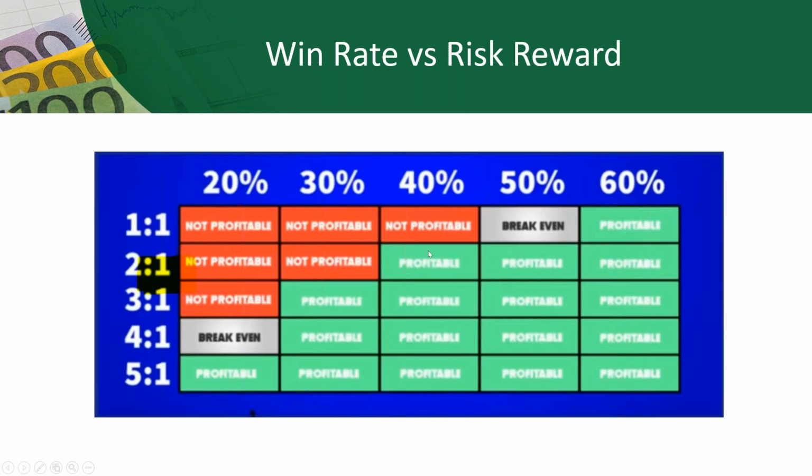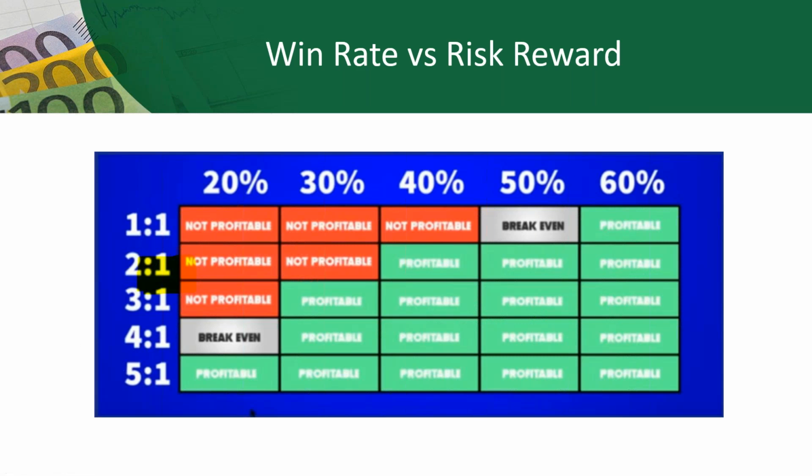If you're trading 1-to-1 and you're not at least at a 60% win-loss rate, you're not making money. If you're trading 2-to-1 and you're at least at 40%, you're making money. Now we're over 60%, so I don't care if I'm 1-to-1 or whatever.